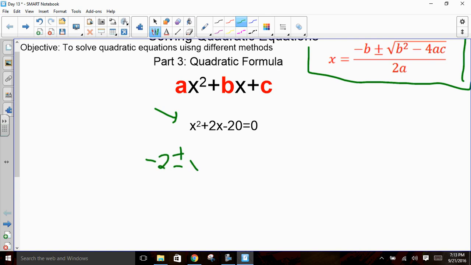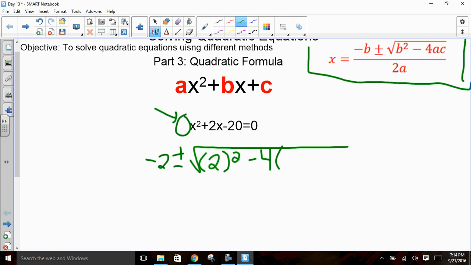Then comes plus or minus the square root of that b value squared, so 2 squared, minus 4. Always minus 4. That minus 4 is always going to be there. It's just one of the things that's in the formula. It's not going to change. That minus 4 is going to be multiplied by my a value.